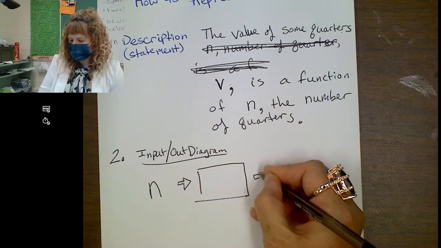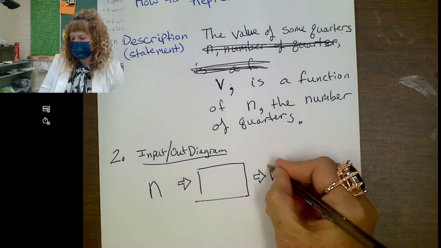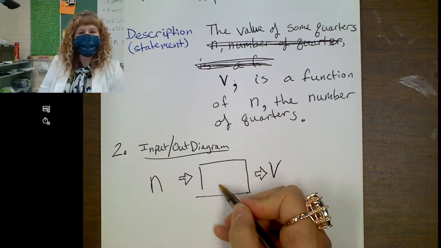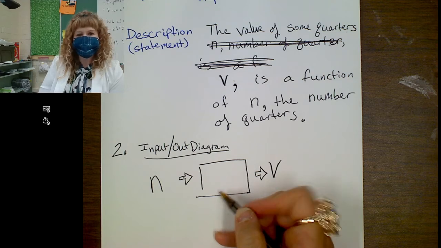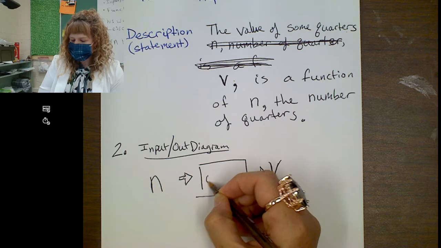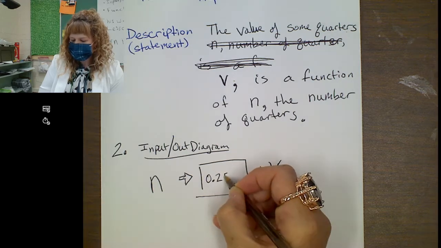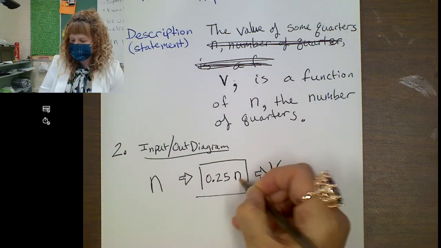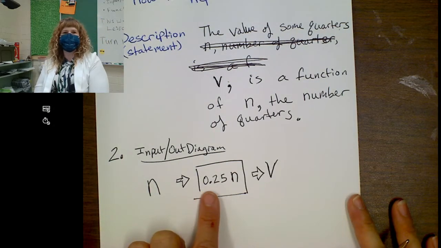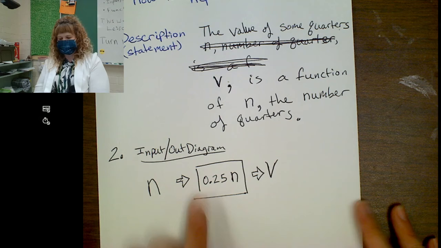And the output is V, the value of your quarters. And then in the box, you have an expression: how to go from n to V? Multiply 0.25 by n, the number of quarters, because each quarter is $0.25.